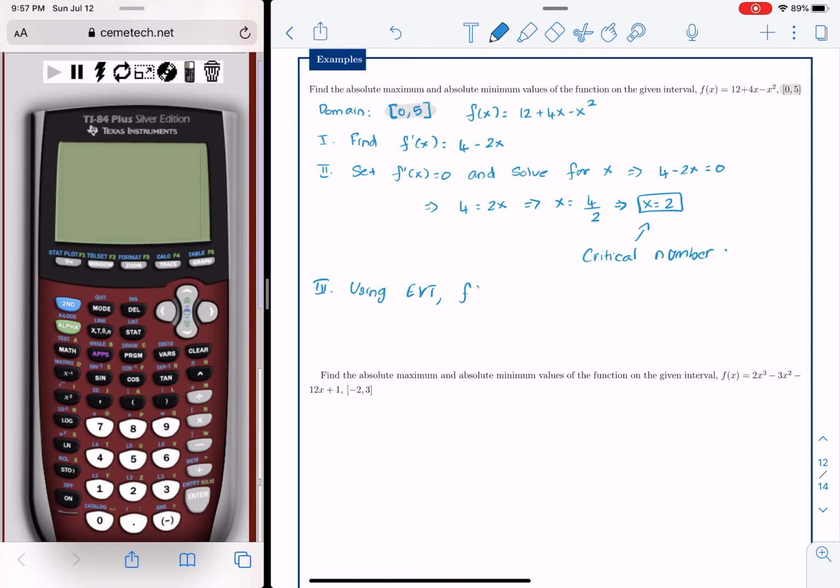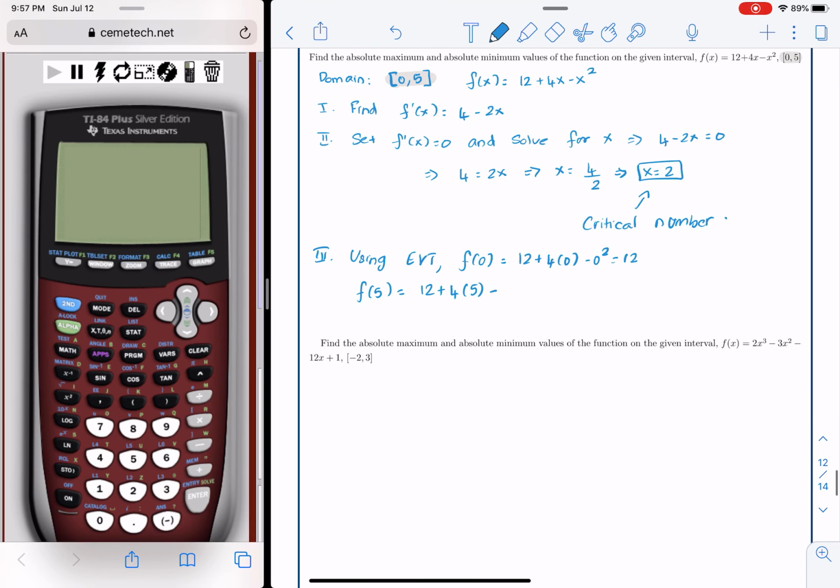Let's find f of 0. f of 0 is 12 plus 4 times 0 minus 0 squared, which is 12. f of 5 is 12 plus 4 times 5 minus 5 squared, which is 32 minus 25, you get 7.